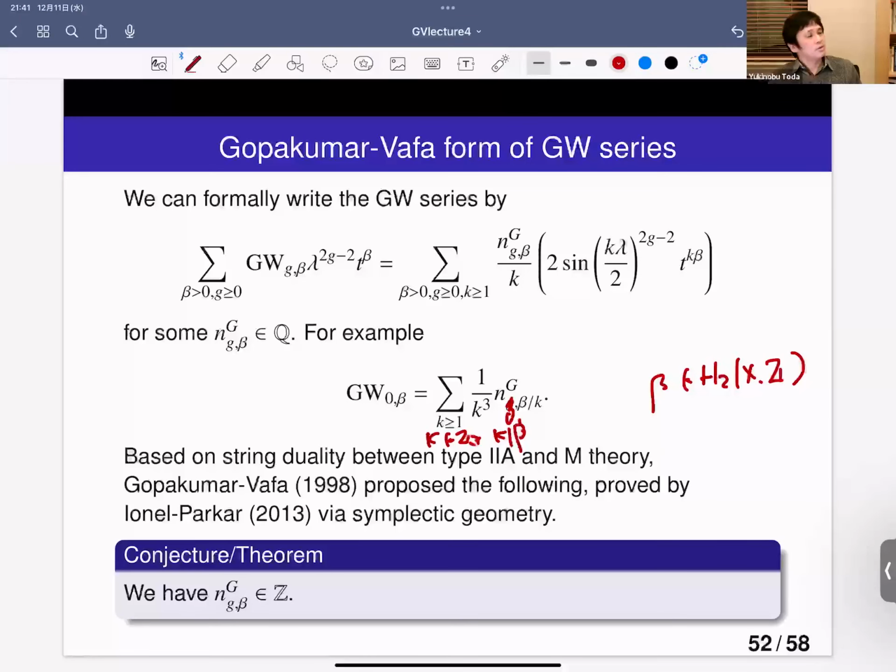Well, for example, in the case of a -1 curve, the Gromov-Witten invariant is just 1 over k cubed. And k appears as the degree k covering of this P1. So I think this one has to do with the covering of the curve to the target space.